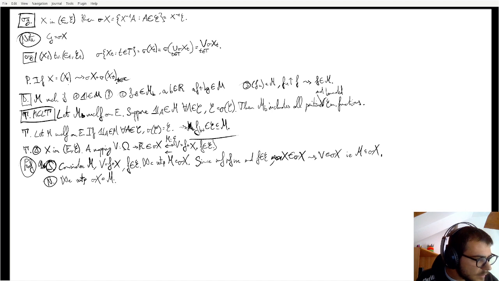And to do this, we first have to prove that M is a monotone class of functions.